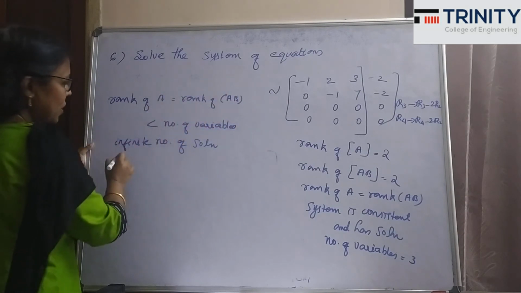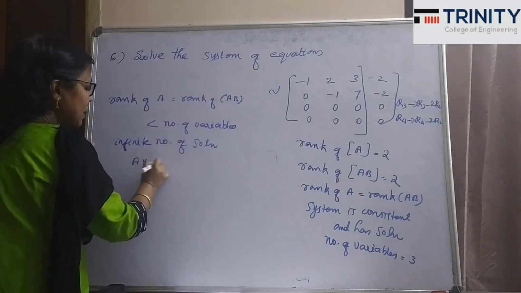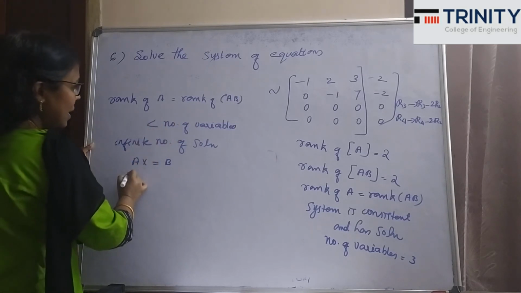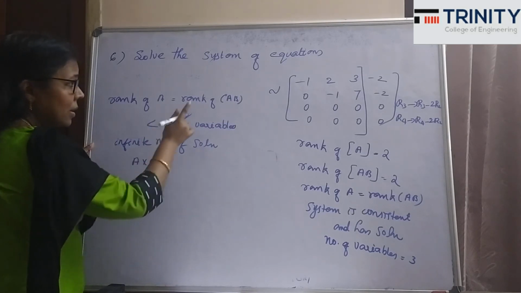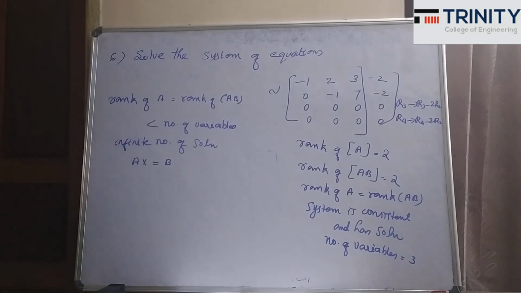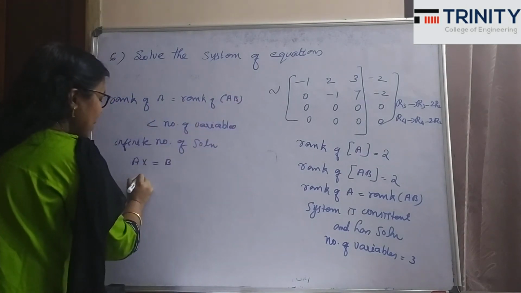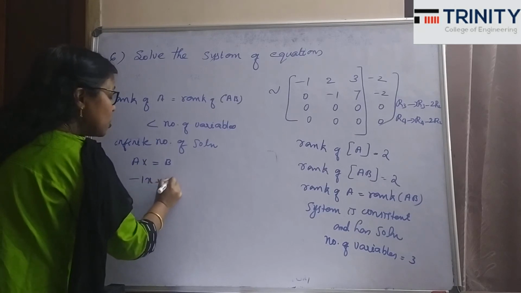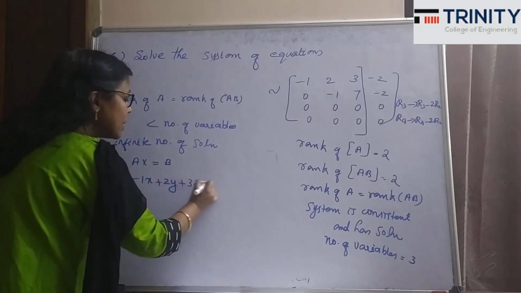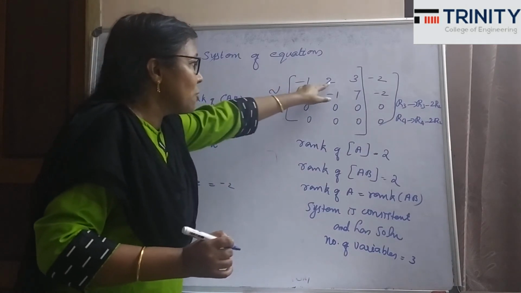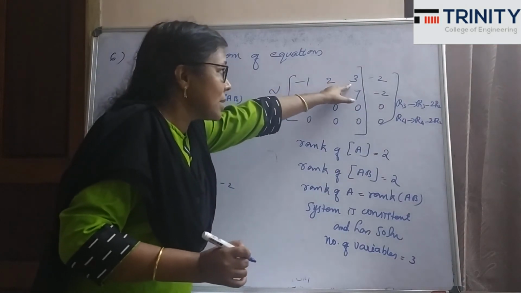Then the system of equations is of the form Ax equal to B. Here we get two equations, that is minus 1x plus 2y plus 3z equal to minus 2. This for x, this for y, this for z.